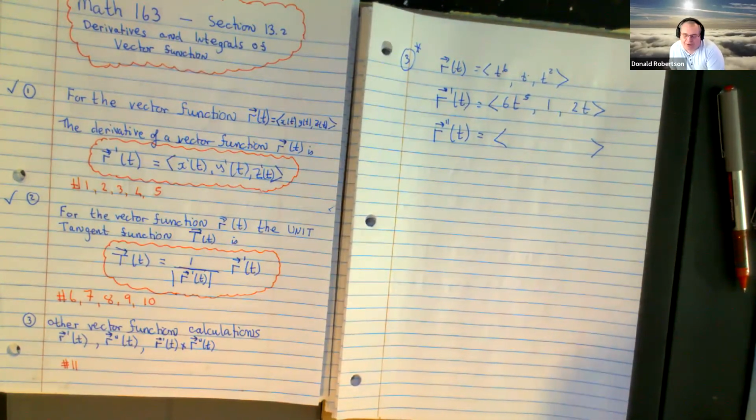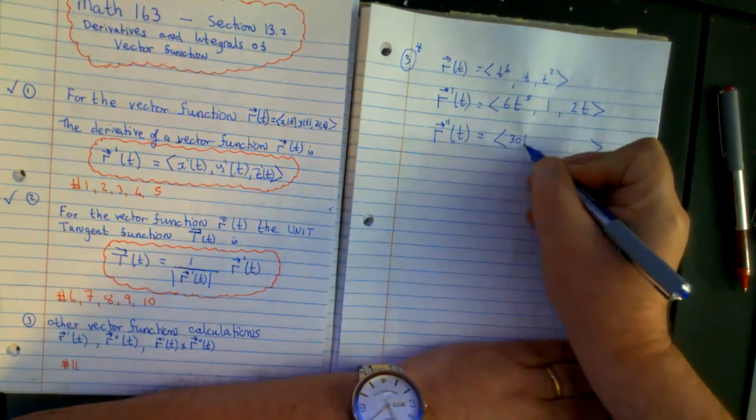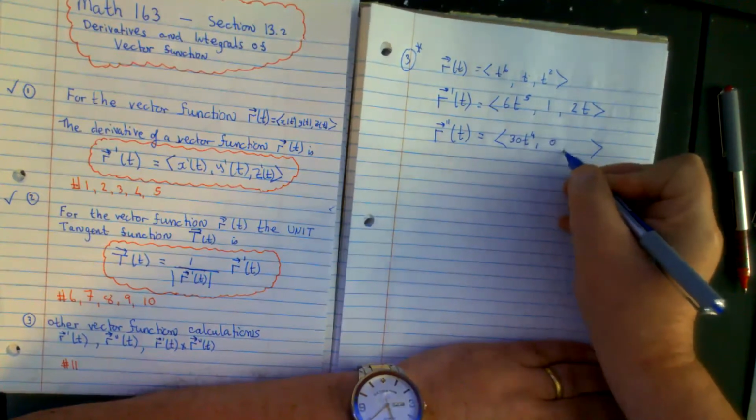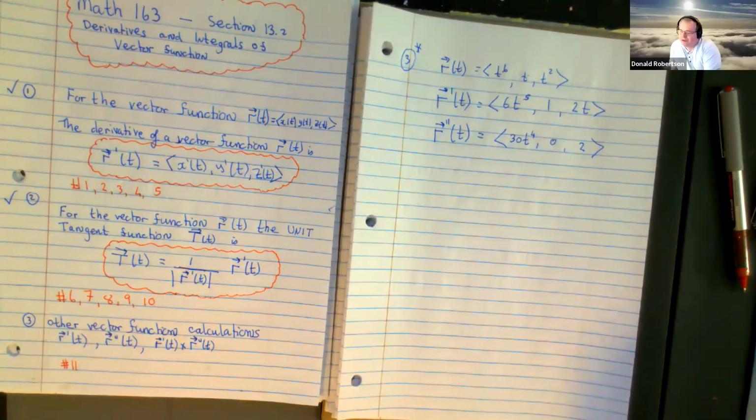How do you think I find the second derivative? I mean, if the world was fair and all math was logical, what should I do? You just do the same thing with the first derivative. Agreed? And that's what you do. Isn't it nice when math actually makes sense and it does what you wanted it to do?